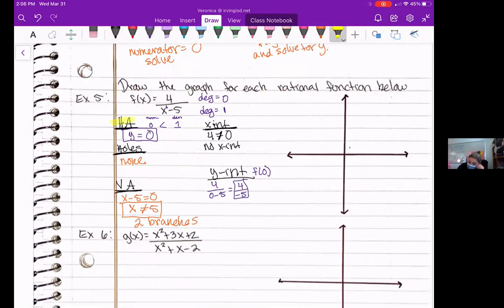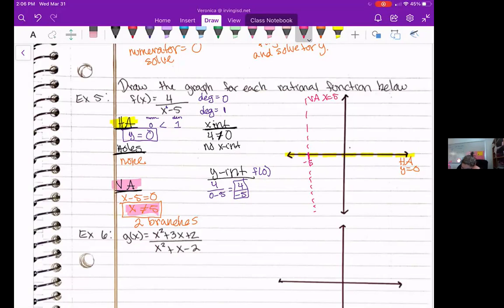Okay, so let's start doing this. Our horizontal asymptote is at y equals 0. 0's in the middle, so here's my horizontal asymptote. Here's your HA at y equals 0. We don't have any holes. My vertical asymptote is at negative 5. So I'm going to come over here to where negative 5 is, and I'm going to draw a vertical line at negative 5.